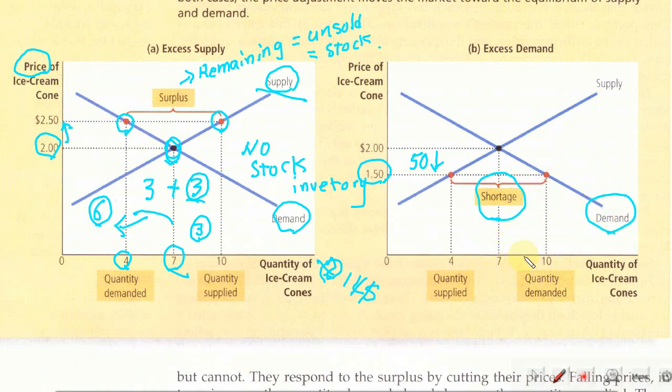So this is the demand line, from 7 he can purchase 3 more.